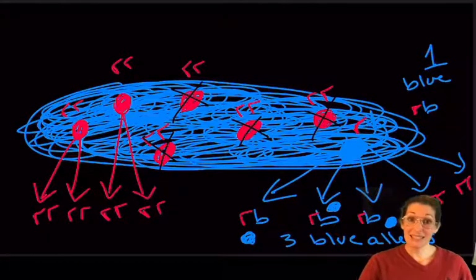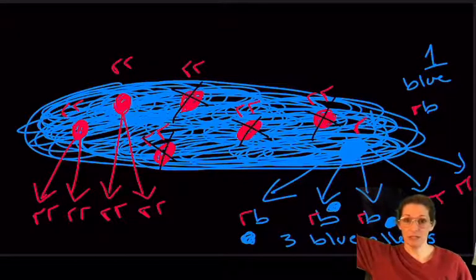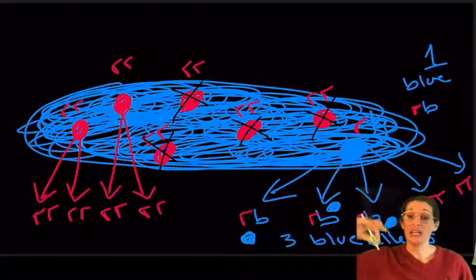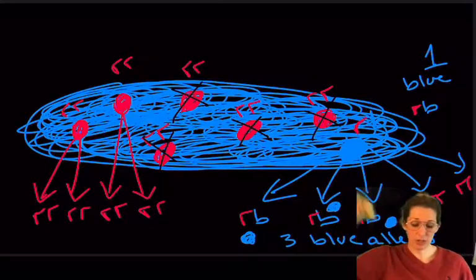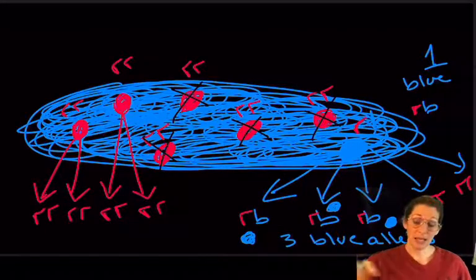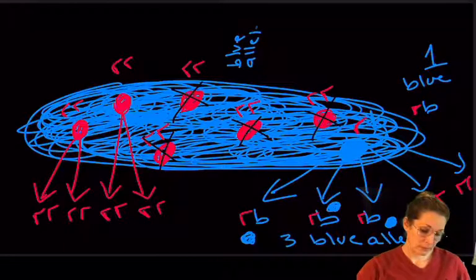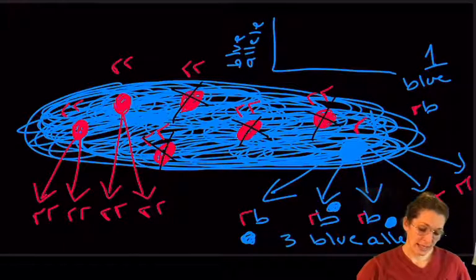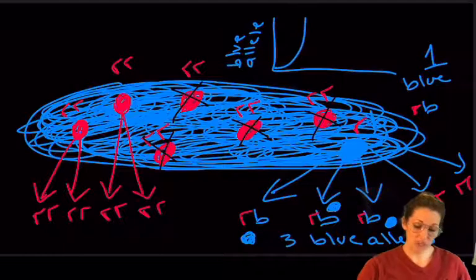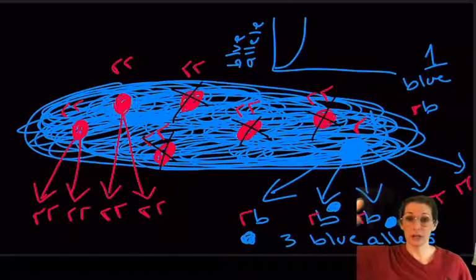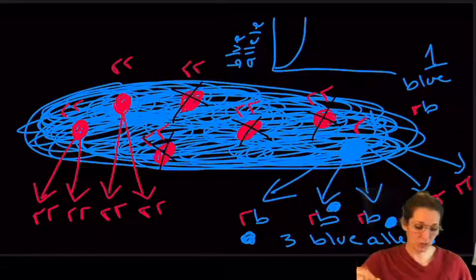So in this scenario where we have a very big relative fitness difference, that blue allele confers a big relative fitness difference. We also have a very big s and strong selection. And so we would expect the frequency of this blue allele to go up very quickly over very few generations.